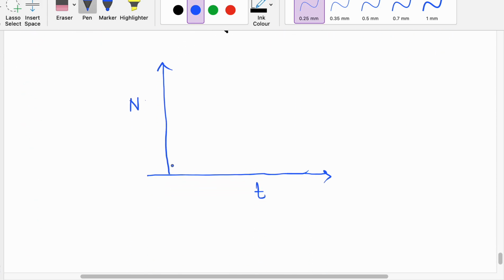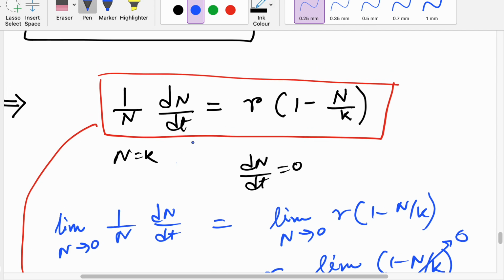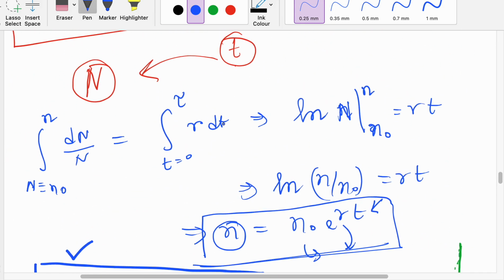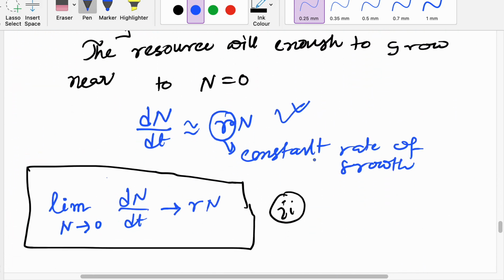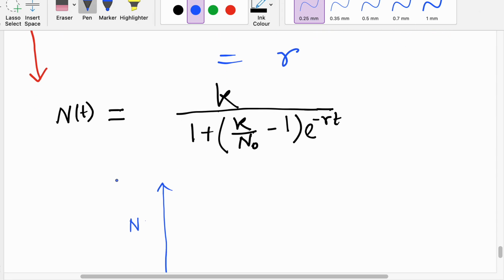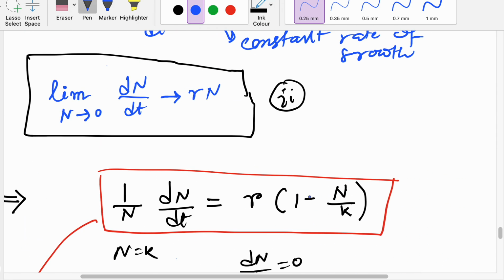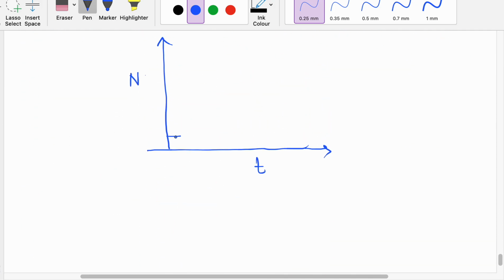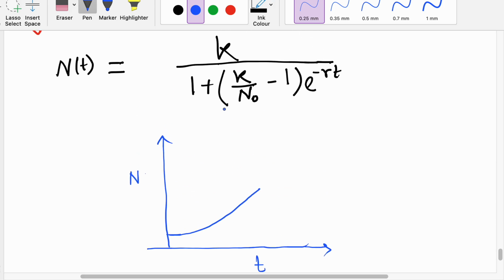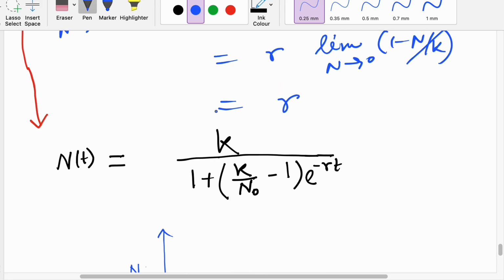So near n equal to 0, it should be flat, and then when n is small, growth should look like our previous case, because when n is very small we can neglect this term and dn dt will look exactly the same as for the previous case.